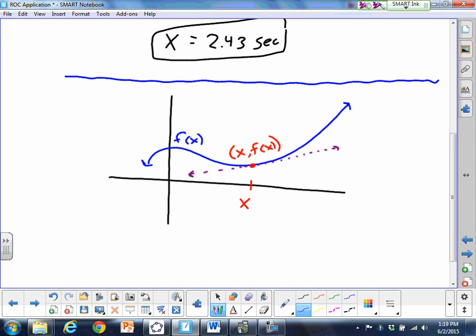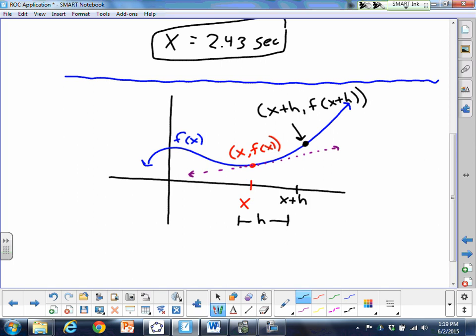The way we're setting it up is by imagining another point out here, which I'm making a little far away just so we can see it better. Instead of calling that x2, we're really saying there's some horizontal distance h that we went away. So the x coordinate is x plus h, and the y coordinate is f of x plus h.